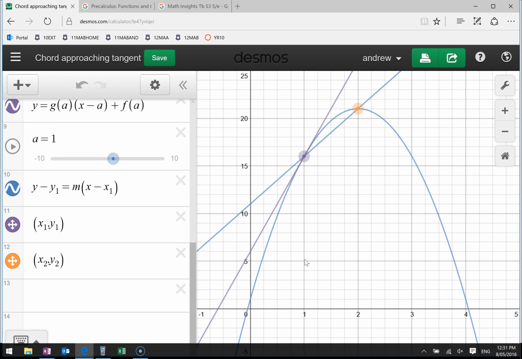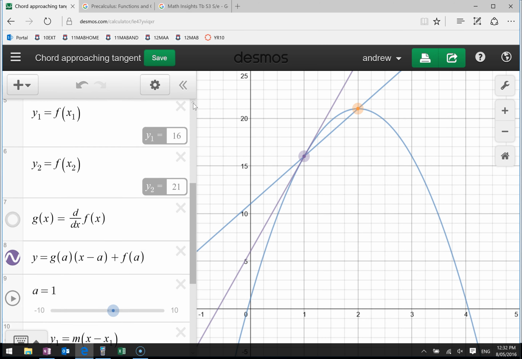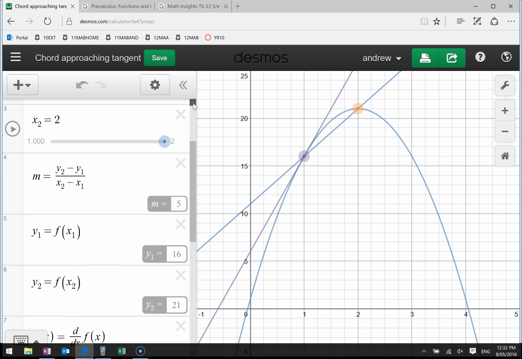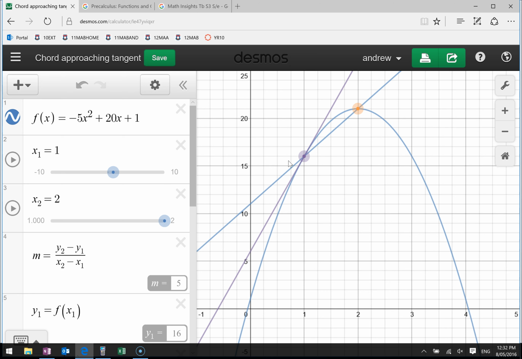So our first approximation was between 1 and 2. Okay, we can see the slope of this line isn't really anywhere near the slope of the tangent, the purple line. So what I'm going to do is, like we did algebraically, move this second point so that it's closer to 1.